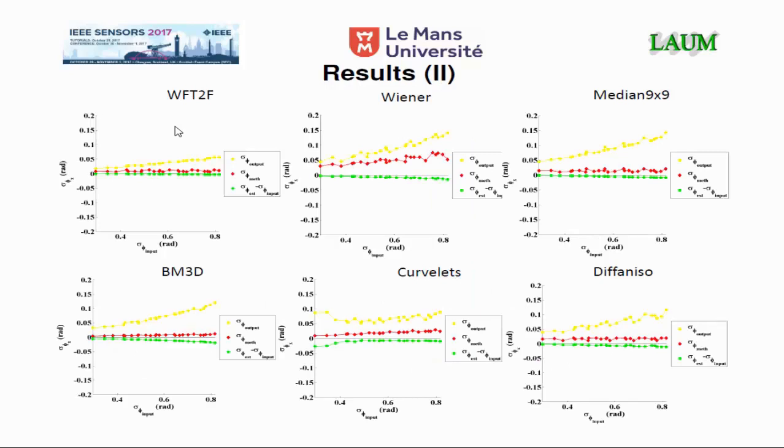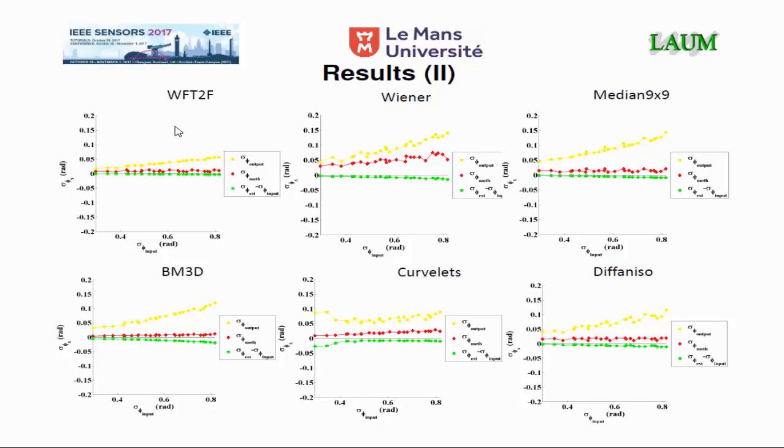Here we can see several curves on which we can see the different error metrics along with the input signal to noise ratio, or rather the input standard deviation of the noise.